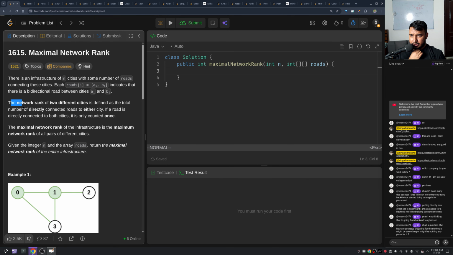I want to reread this. The network rank of two different cities is defined as the total number of directly connected roads to either city. Directly connected nodes to either city.